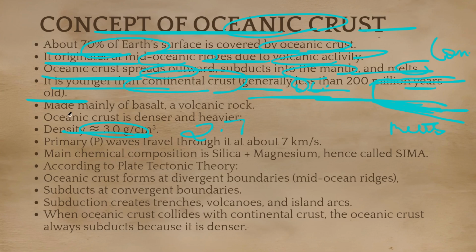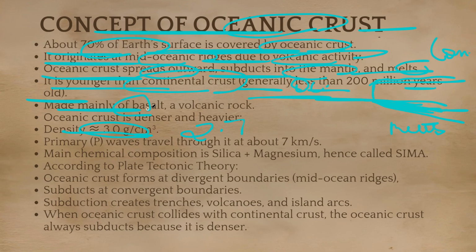That's how it is, mainly because this process takes a long time. It's not like the mid-oceanic ridges form the oceanic crust and suddenly we see oceanic crust everywhere and subduction happens. These processes take a lot of time.